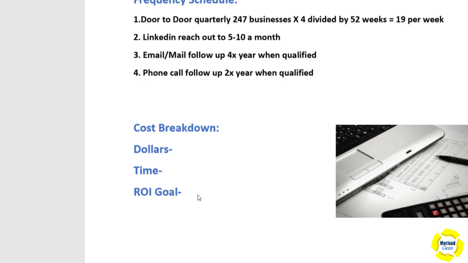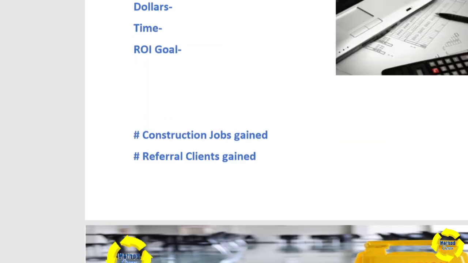And then, what's my return on investment goal? What's your standard? Do you want a 1 out of 5, a 1 out of 10, a 1 out of 20? This type of strategy should yield a really big return on investment, because you're getting that construction job, and even if you did 10 of them a year, and 3 of them, the end users became clients, that would be a big payoff.